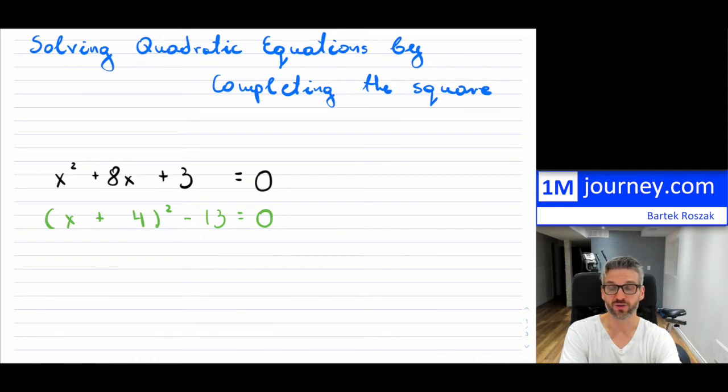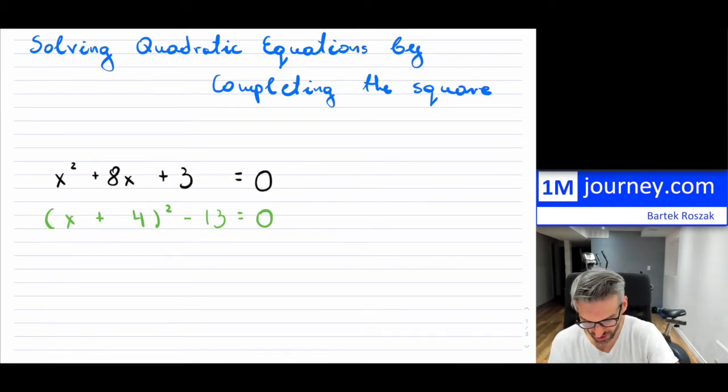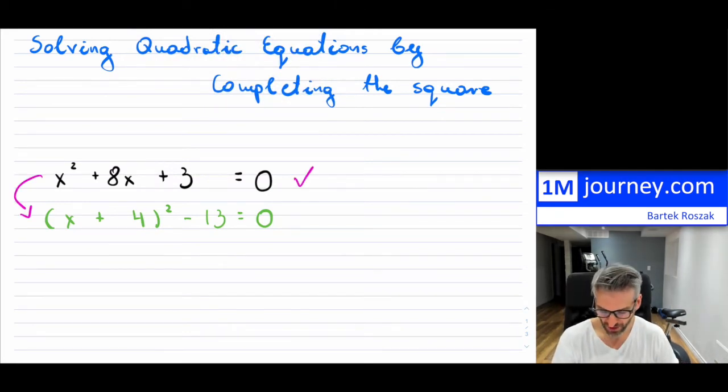It also tells us when it is possible to do it or not. So for instance, I'm going to take this equation and transform it by completing the square to get that. Then let me solve for x.